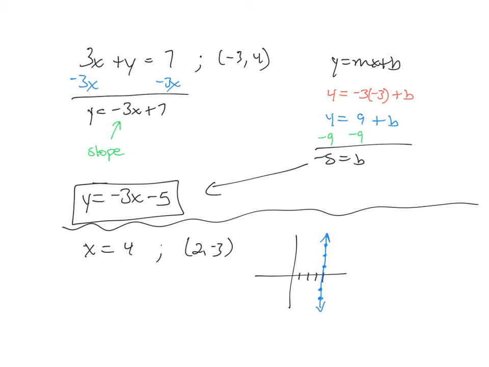So if I'm going to go through this point, 2, -3, it would be right there. And the line would have to look like that to be parallel. Which means all the x numbers are 2. That's the equation that's parallel. So if the question was perpendicular, well, I'll go over that one next when I do perpendicular.